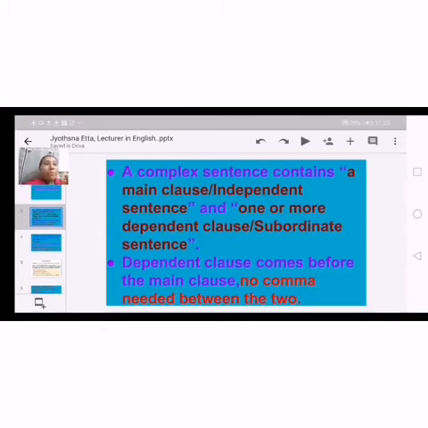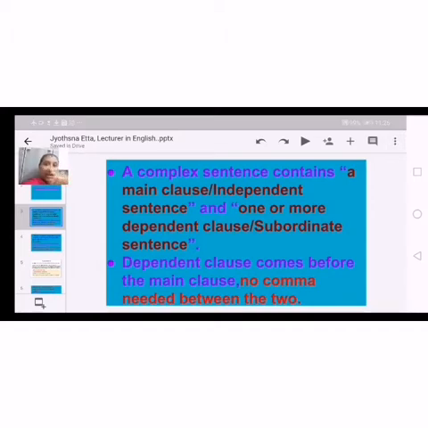So a complex sentence consists of two clauses. One is a main clause and the second is a subordinate clause or dependent clause. We connect these two by using a connector, a conjunction, and this conjunction always comes before the dependent or subordinate clause.